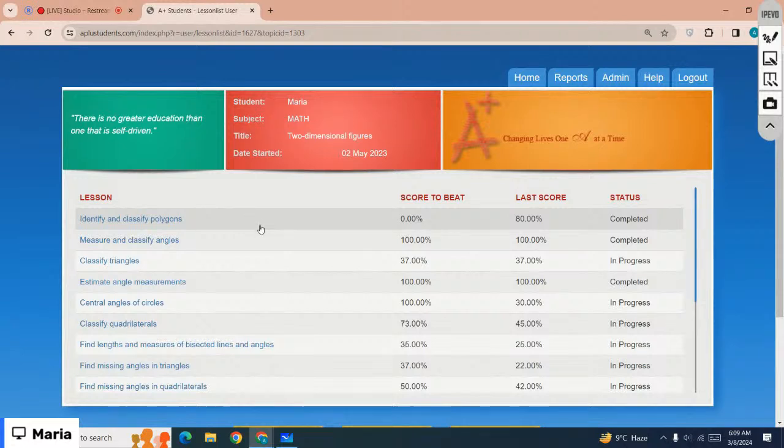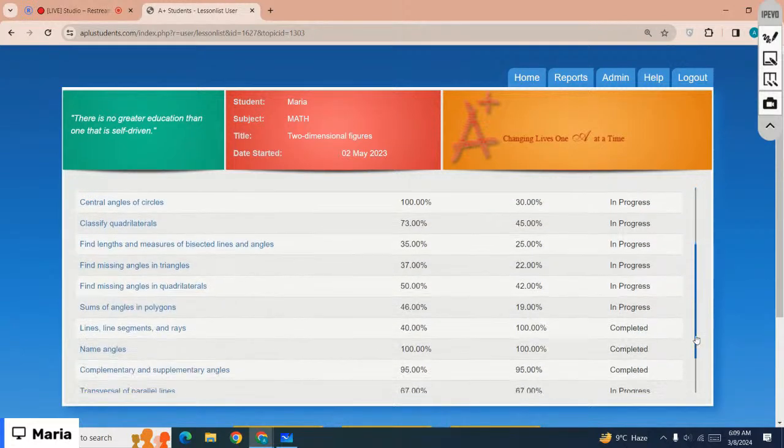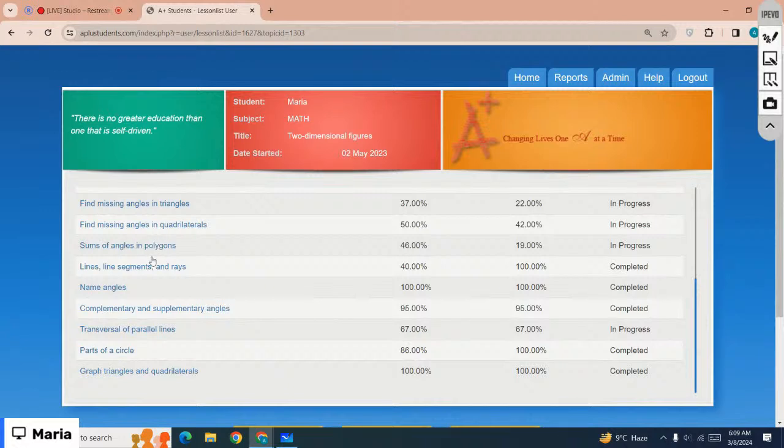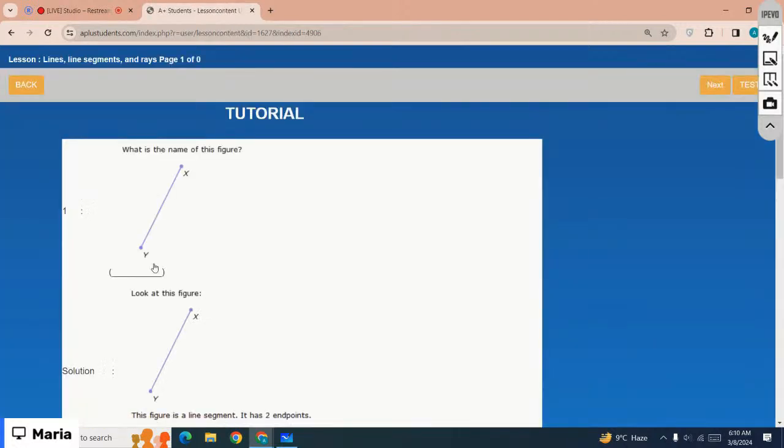The next lesson is lines, line segments, and rays. What is the name of this figure?